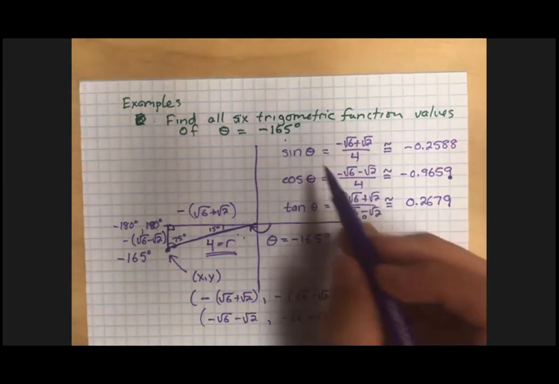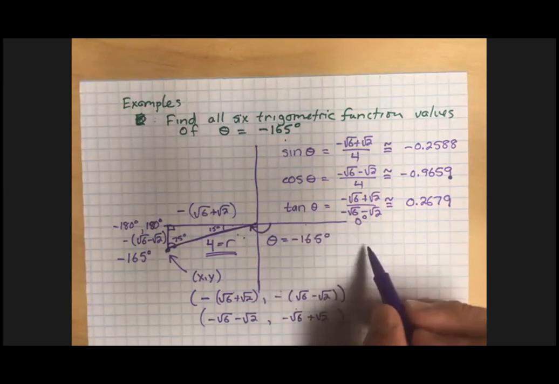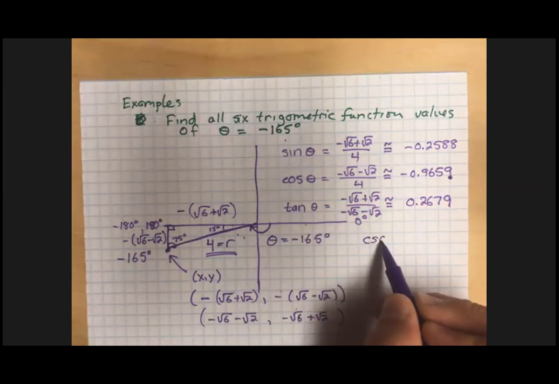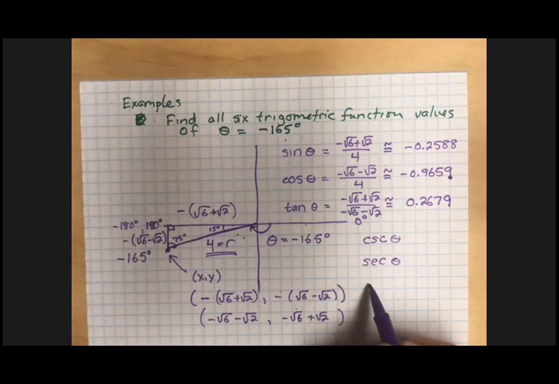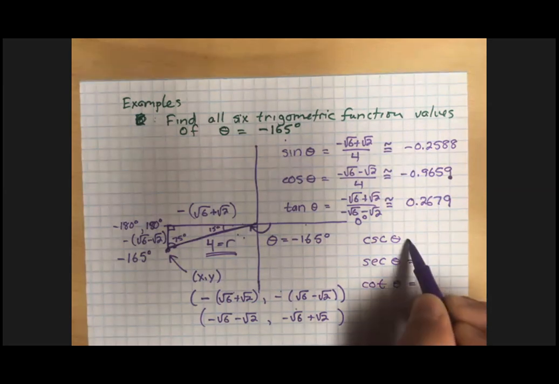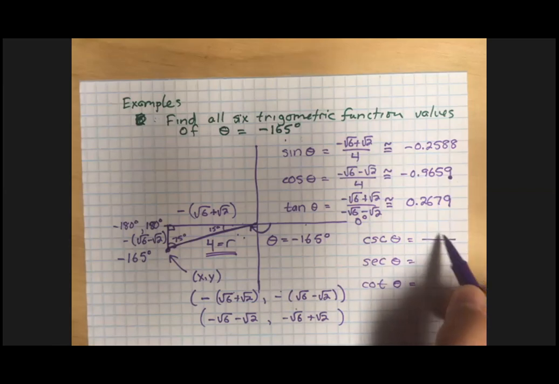Okay, find all 6 trig values. I have sine, cosine, tangent. Maybe just for the sake of time, I'll let you finish their partners, cosecant, secant, and cotangent. But remember, all I have to do is flip these over. So cosecant is the reciprocal of sine.